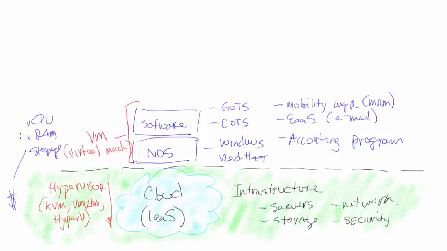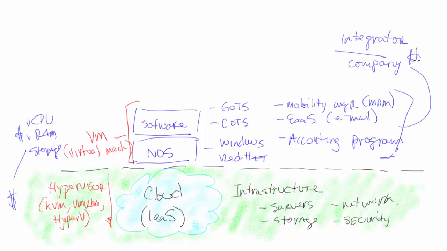All right, so that's kind of the costing model. And then you as an integrator or you as a consumer, you then still cover these costs. So this would be an integrator or a company, whatever, right? And so you're going to cover all of these costs to build this infrastructure.